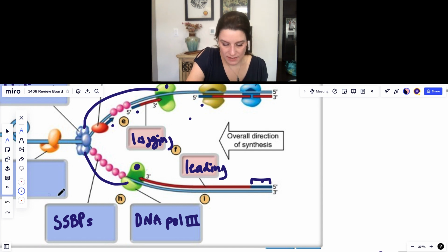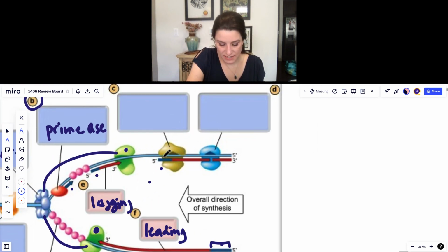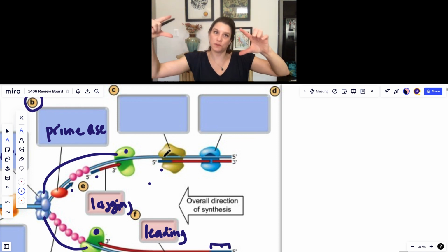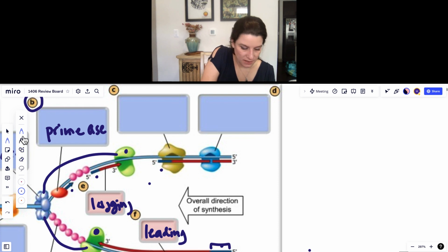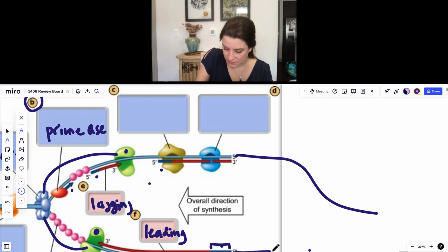Okay, and then we have these two little guys here, and this is just one of the two forks, right? We're just looking at the left fork. This would actually be continuous here until it got to the other fork.